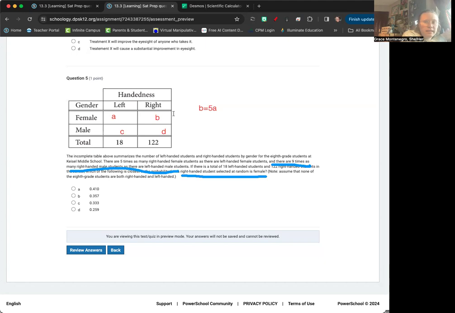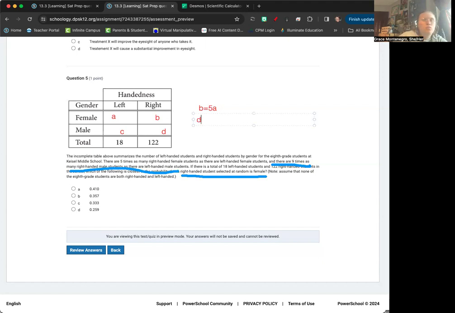But mathematically it does not go there because we're trying to write an equality. And so when I said it out loud just now, I swapped that around. I said D, right-handed male students, is 9 times as many as C. And that is exactly the order we're going to write it in for math.